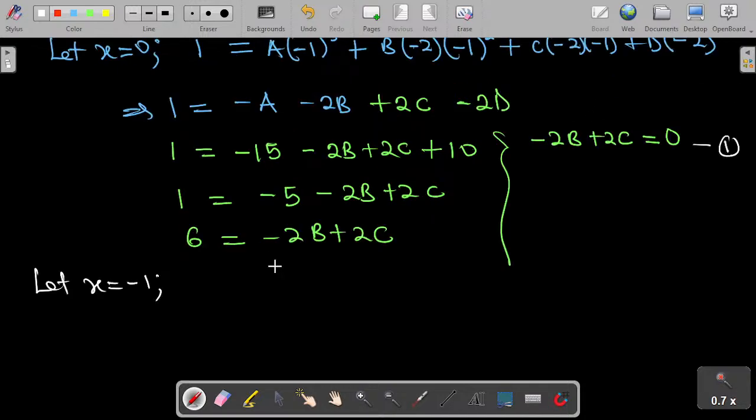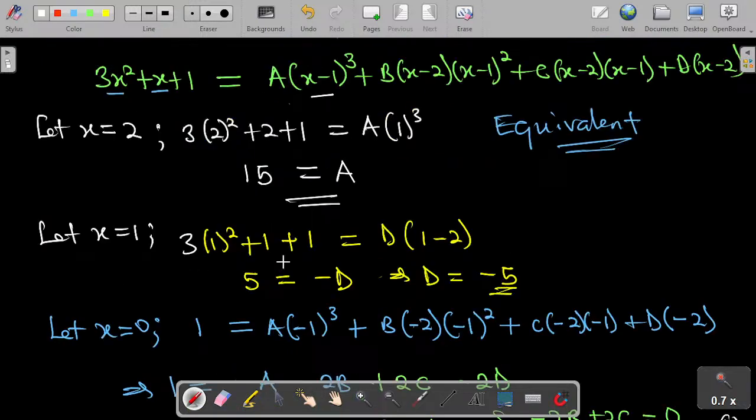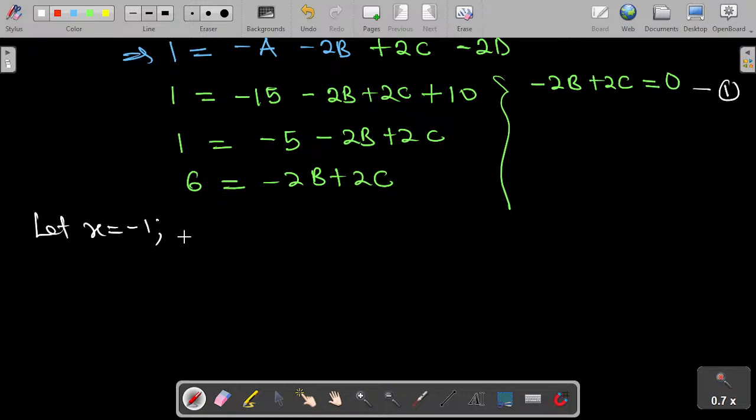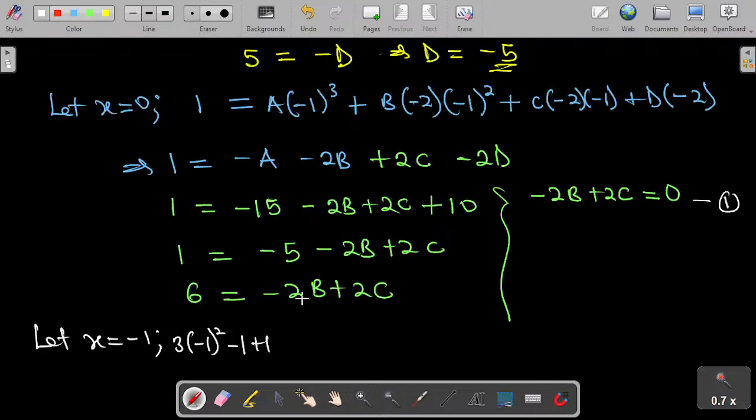Okay, so if we make our x minus 1, so from here, we are going to have 3 times minus 1 squared minus 1 plus 1. So let me write it here. So we'll have 3 into minus 1 squared, then minus 1 plus 1. I think that's what we have there.